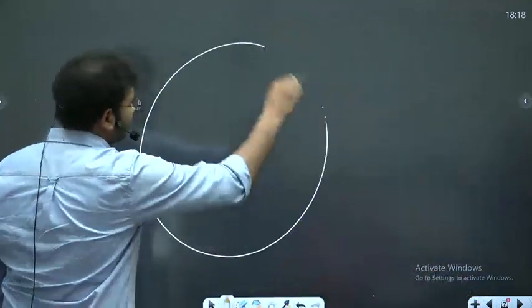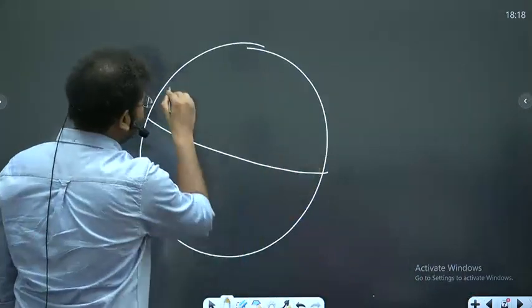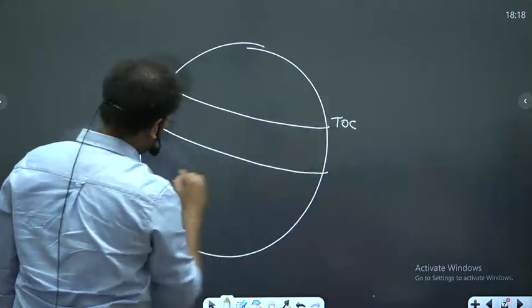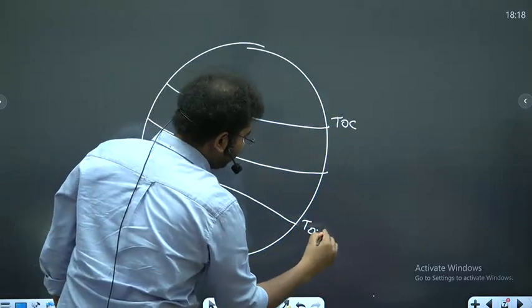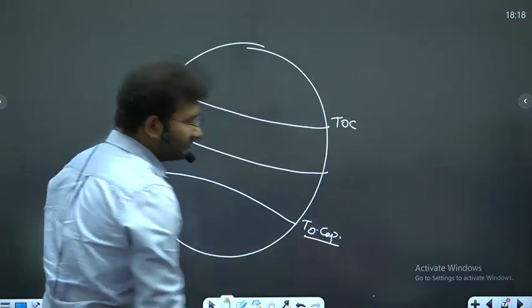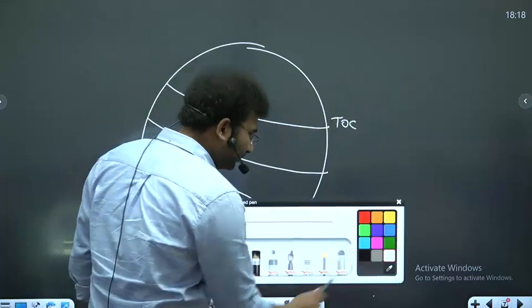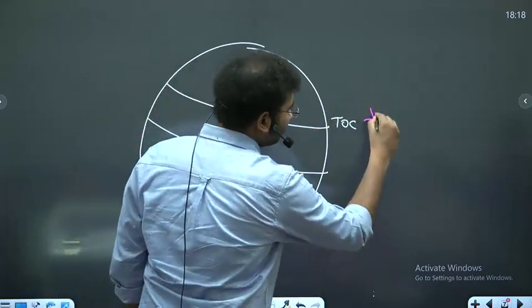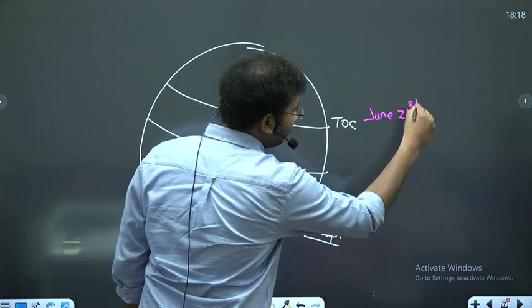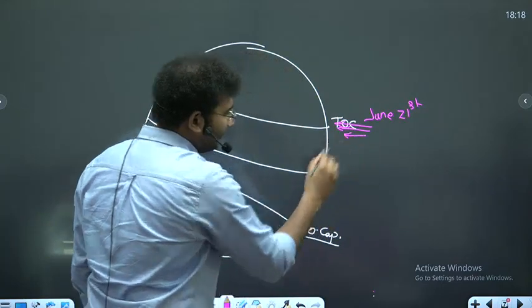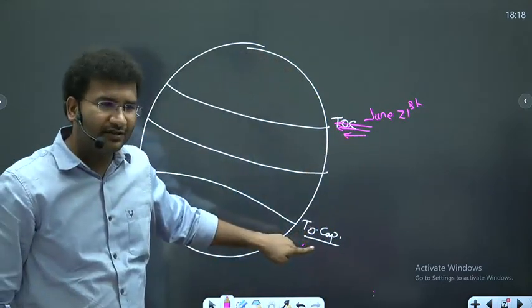Now if I ask you one thing, look at this Earth, equator, Tropic of Cancer, and this is Tropic of Capricorn. See, the sun rays directly falling on 21st of June where? जून 21 को यहां पे डायरेक्ट है, यहां तक डायरेक्ट रेस पहुंचने में कितना टाइम लगा?